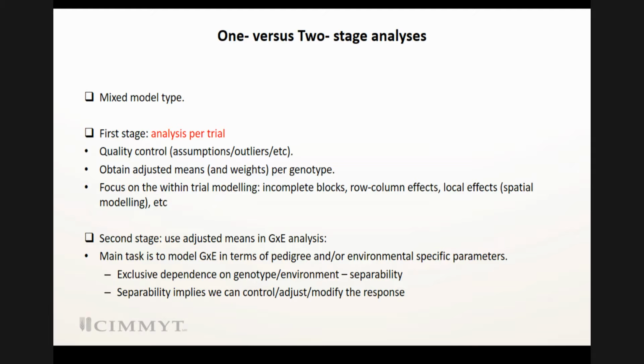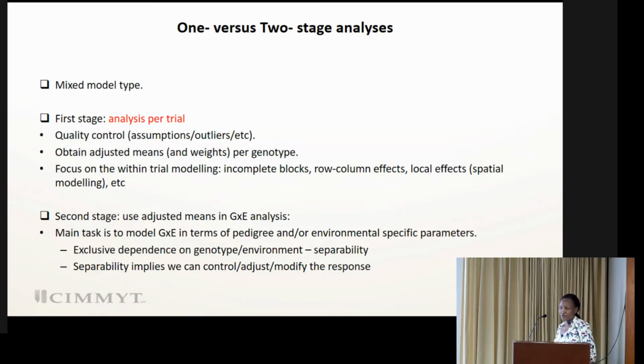In the second stage, the adjusted means from this first stage are the ones which are carried into the G by E analysis. And the main task is to model G by E in terms of additional information, which I've already discussed.